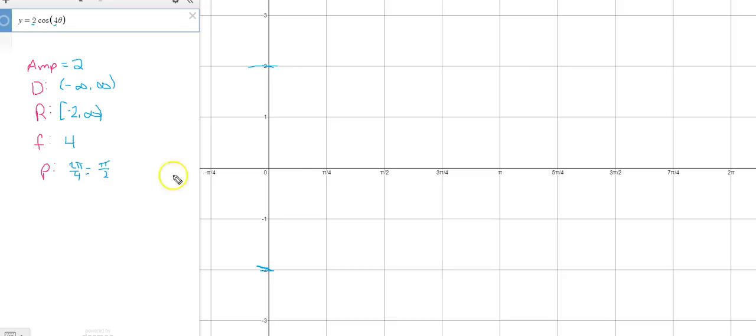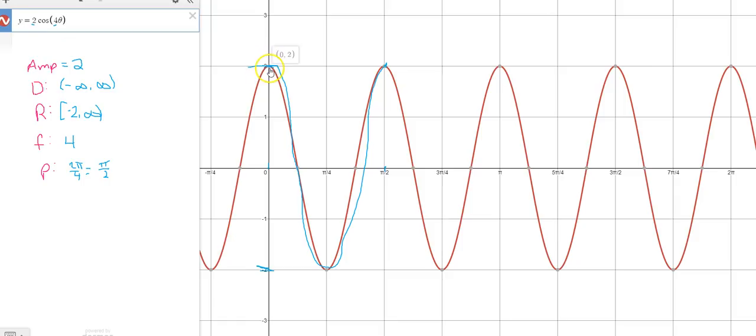One cosine cycle will be finished. I'll start right here at 0. And by the time I get to pi over 2, I'll have gone through one cycle. So I've gone all the way from here down and up and through right here. One cycle will be in this distance of 2 pi. So I'll go over here, I'll click the button, and boom, I was right.